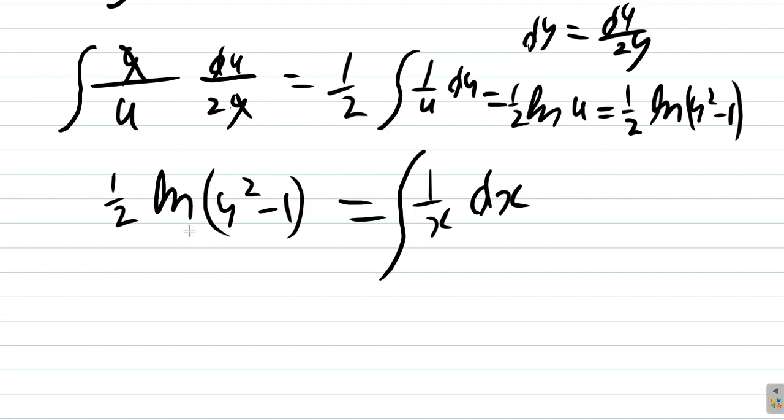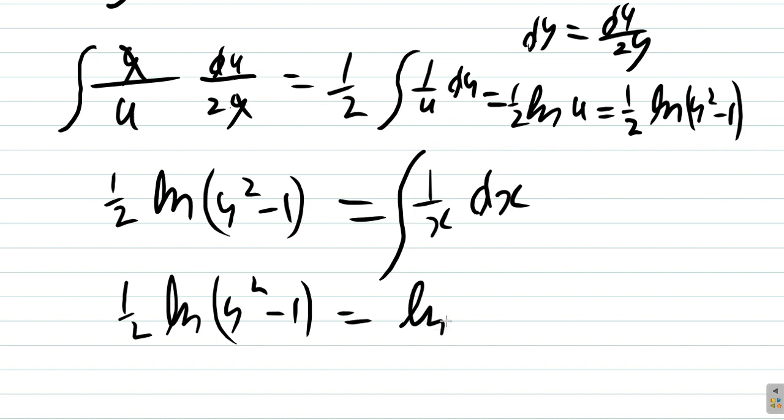Alright. So here we already integrated the left hand side, and this would be half ln y squared minus 1 equals, okay, now this would be ln x, and we put plus c. We did not put a plus c earlier, because if we put a plus c here and a plus c on the right, we'd have to use two different letters, because we're not going to assume that the constant is the same on both sides.